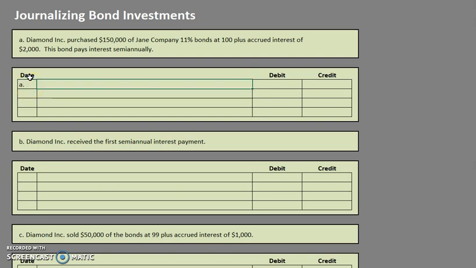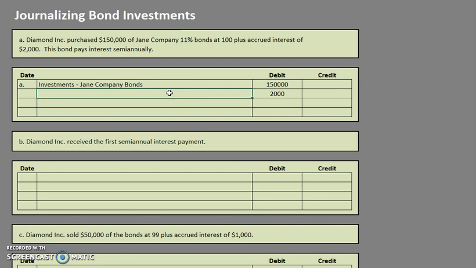We are purchasing some bonds. So we are going to have investments dash Jane Company bonds. And we are getting $150,000 worth of bonds. Now included in there, we are also going to have to pay an additional $2,000.